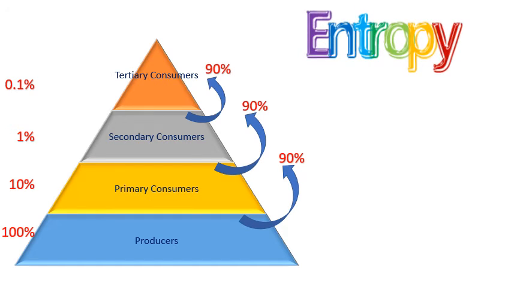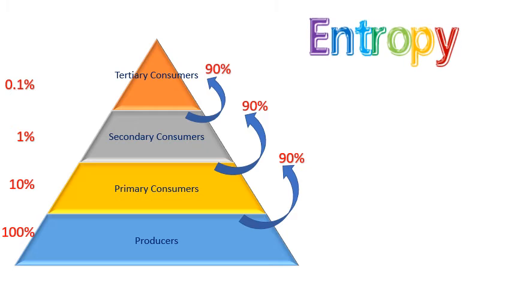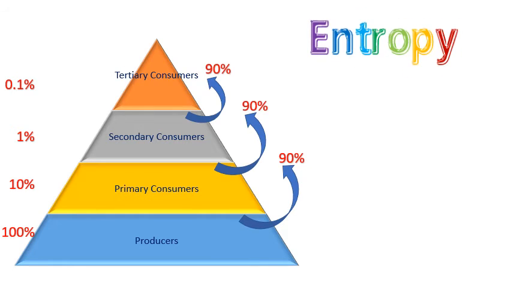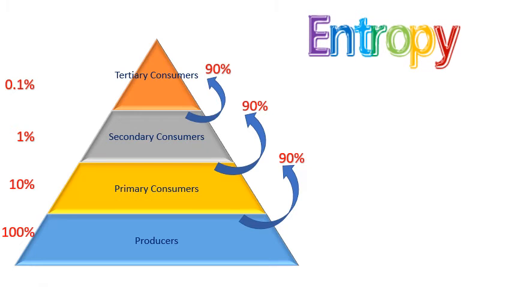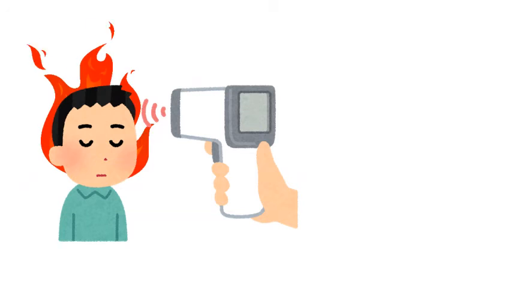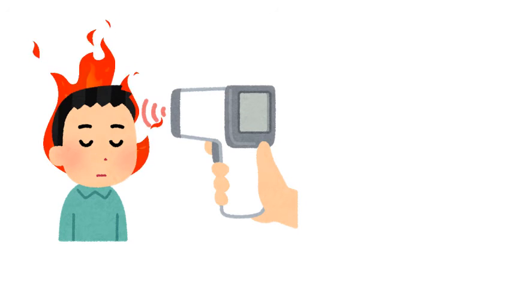This concept can be easily understood by the concept of the ecological pyramid. It can also be understood by the body temperature released, the entropy.